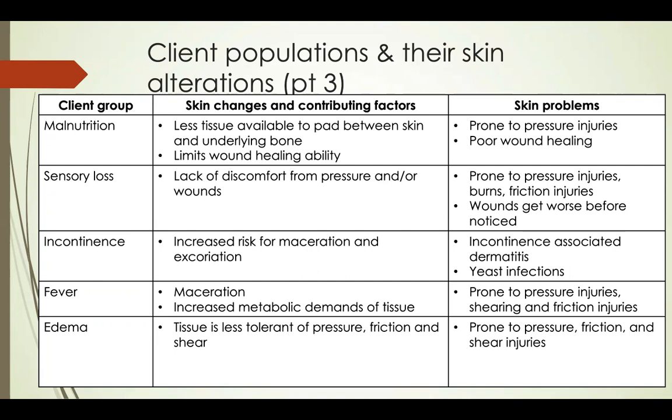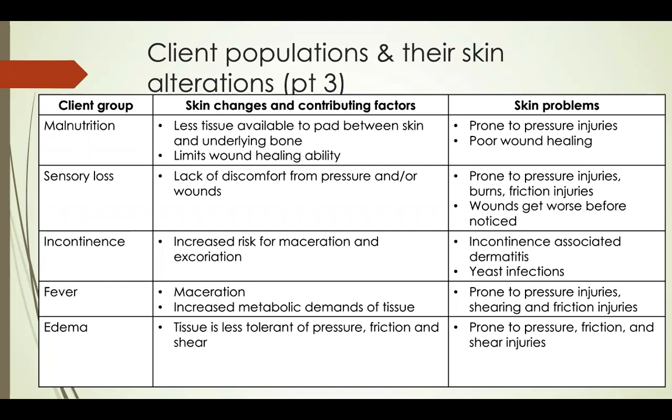Their muscles may be breaking down, so they don't have as much cushion between the skin and the bone, and that will increase your risk for pressure injuries. It also impairs the ability for the wound to heal, because you need nutrients for your body to heal. You need protein, you need vitamins and minerals so your body can heal from a wound.